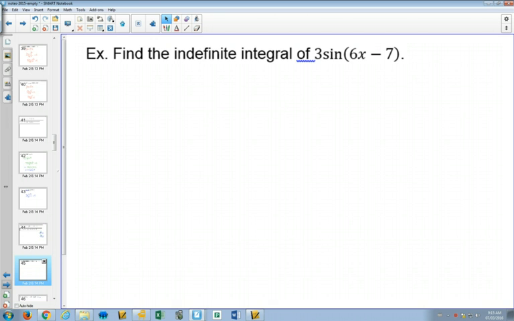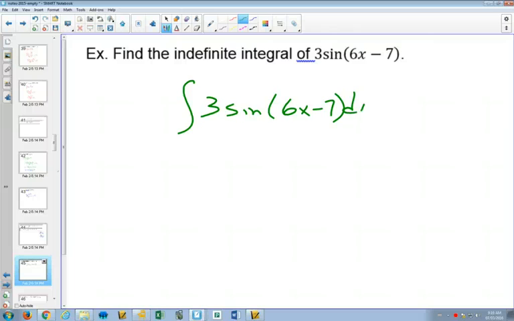So here I'm finding the integral of 3 sine 6x minus 7 dx. So since cos goes to negative sine, sine will work backwards to negative cos.